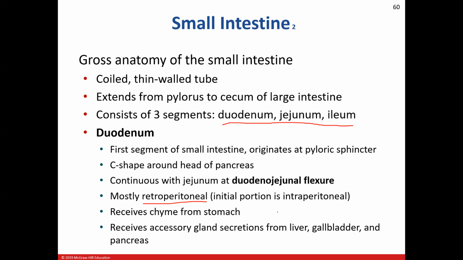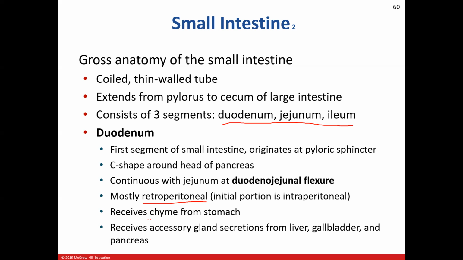All right, so the initial portion of the duodenum will be retroperitoneal, while the remaining portions of the duodenum are going to be intraperitoneal. There's actually four parts. We're not going to get into that. Four parts to the duodenum, okay? So the first part of the duodenum will be intraperitoneal, and then the remaining portions of the duodenum will be retroperitoneal, okay? Remember, let's keep it simple, all right?